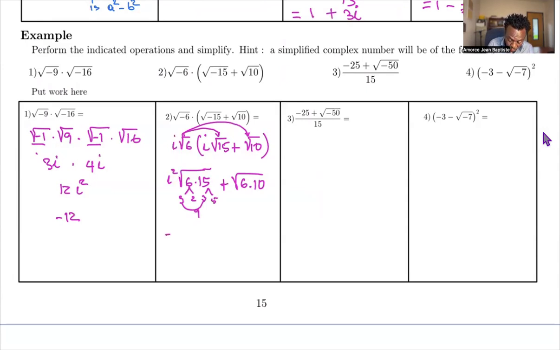So that's -3 square root of 10, right? And then here, that's 2 times 3, and then that's 2 times 5. We can pull out a 2, so that's +2, and then square root of 15.